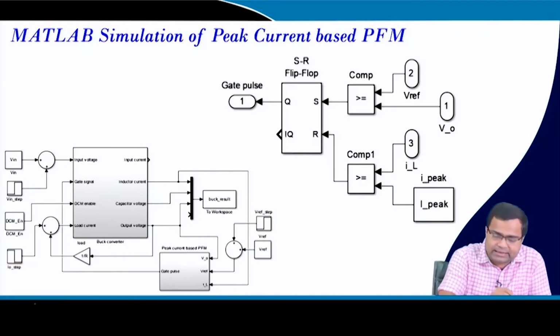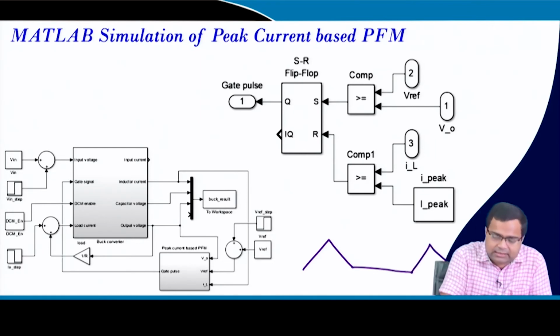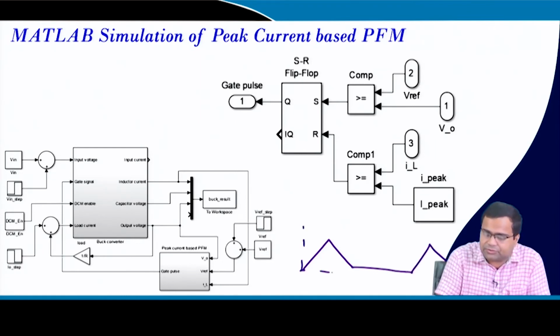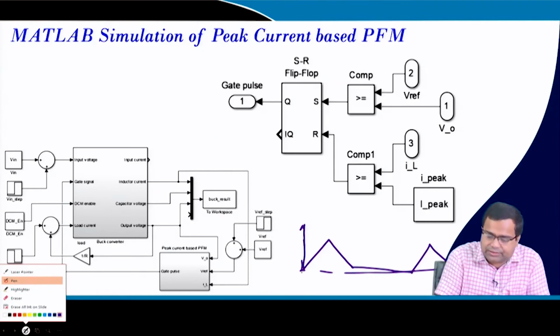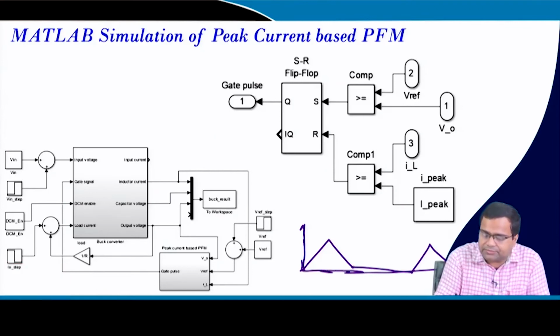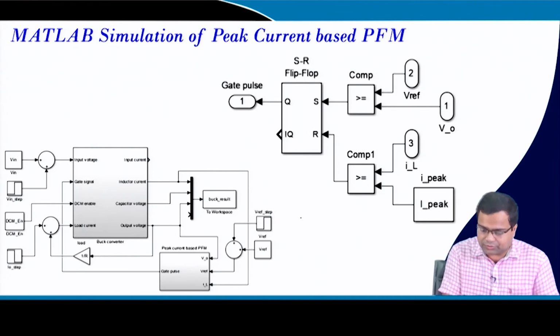By comparing the inductor current, there is an inductor current in DCM like this, with current on the I axis. Let me draw again.